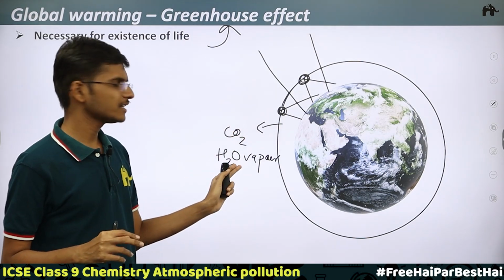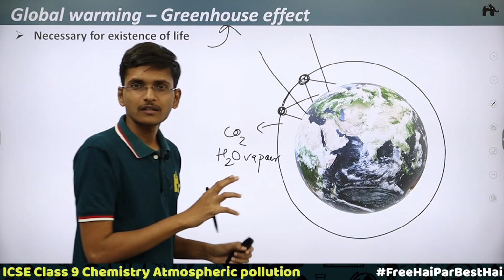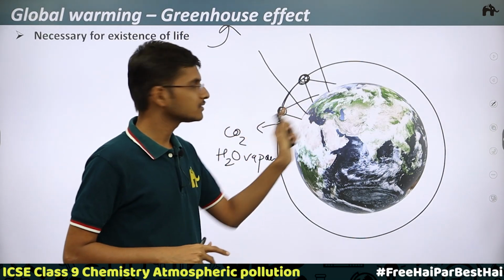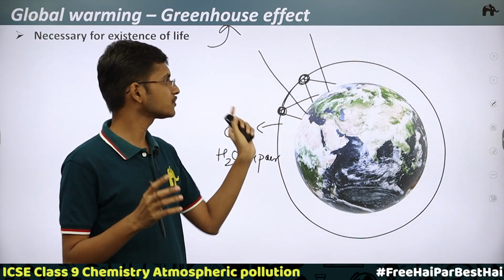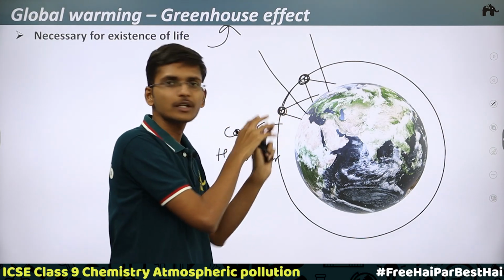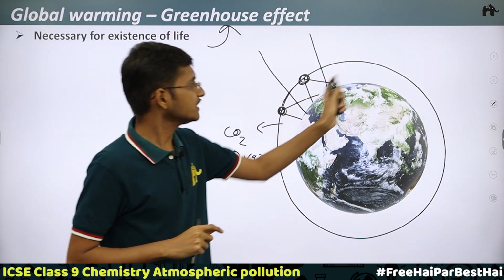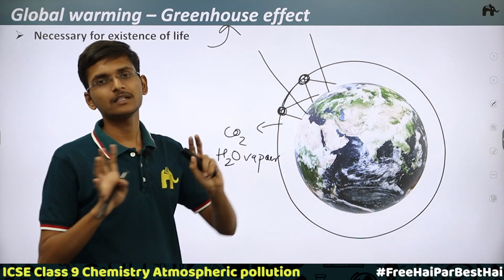These two gases don't allow some of the IR radiations to pass through, and reflect them back inside, so that they heat up the earth.